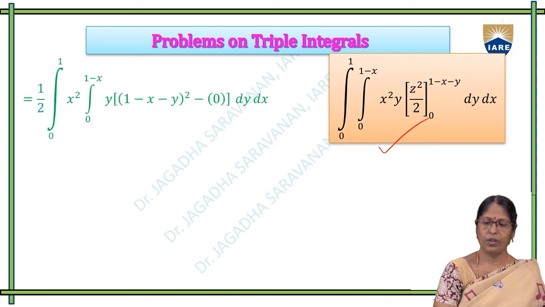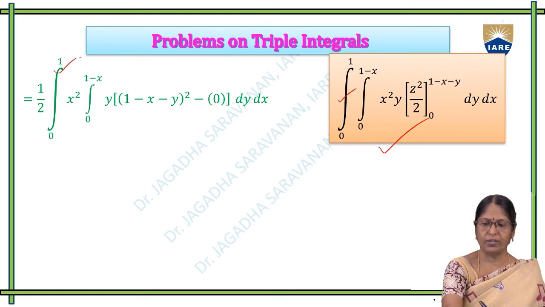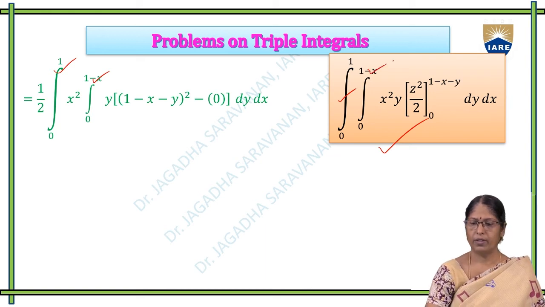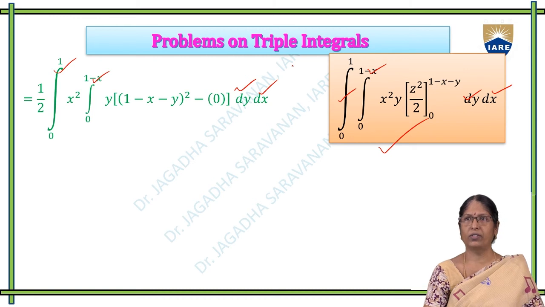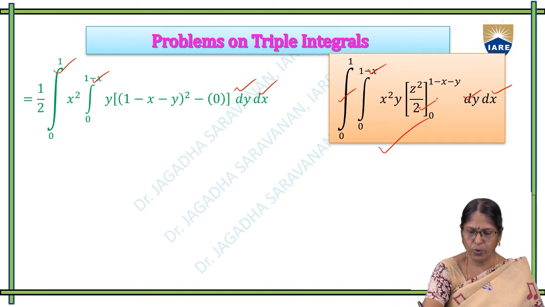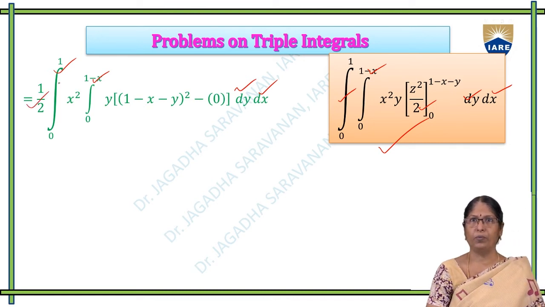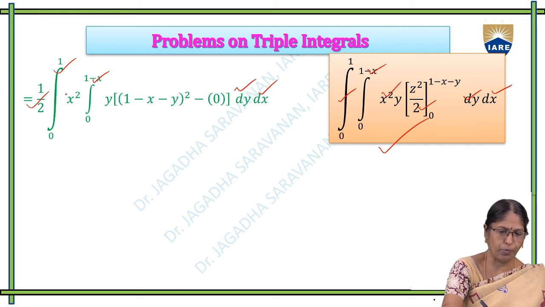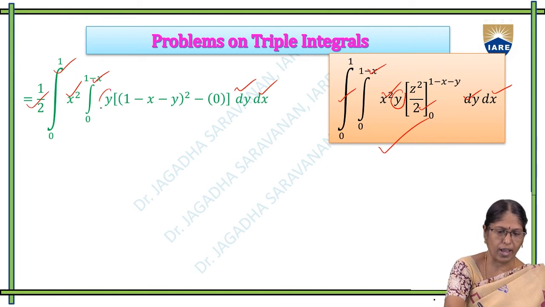Where I am putting the ticks, we didn't make any changes in these places, dy dx. Whereas here the 2 is there, which we brought outside as 1 by 2. And this x square we also kept before the integral.